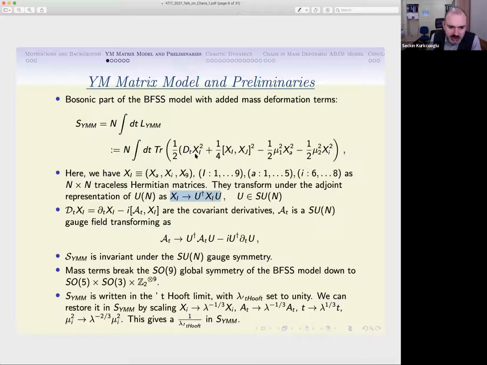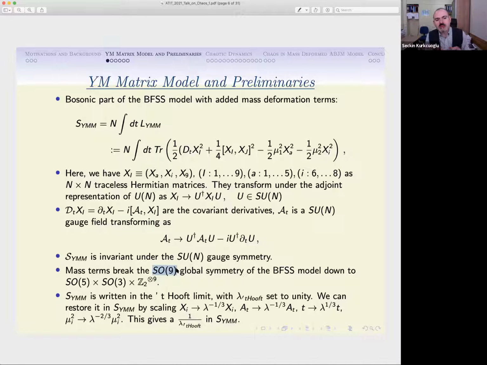In addition to the gauge symmetry, if you forget about the mass terms, there is a rigid global symmetry, the SO9 symmetry of the BFSS model. You have 9 matrices, X1 to X9, and this SO9 symmetry is simply a rigid rotation among those 9 matrices. That is nothing else.